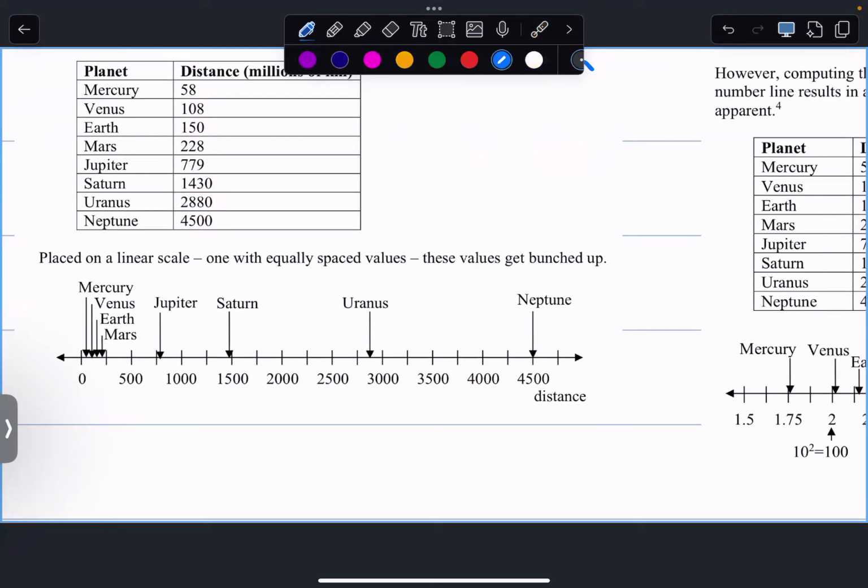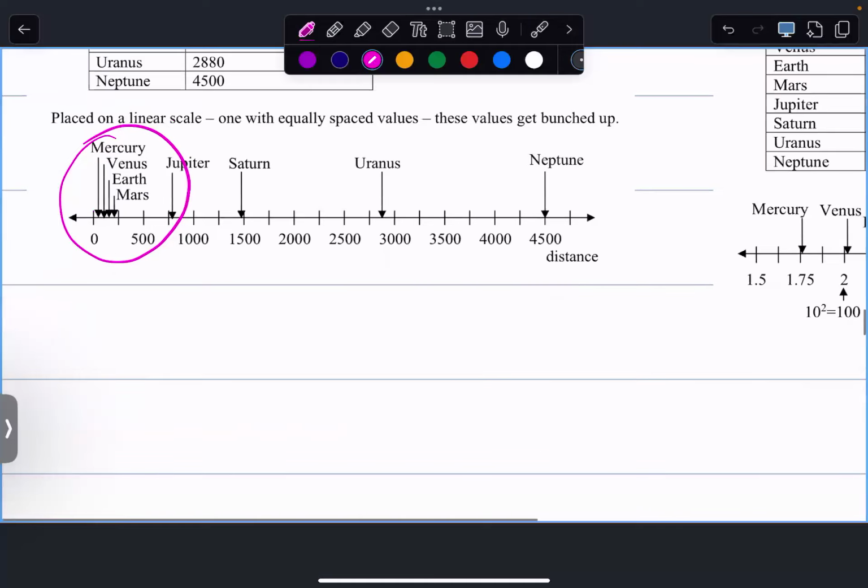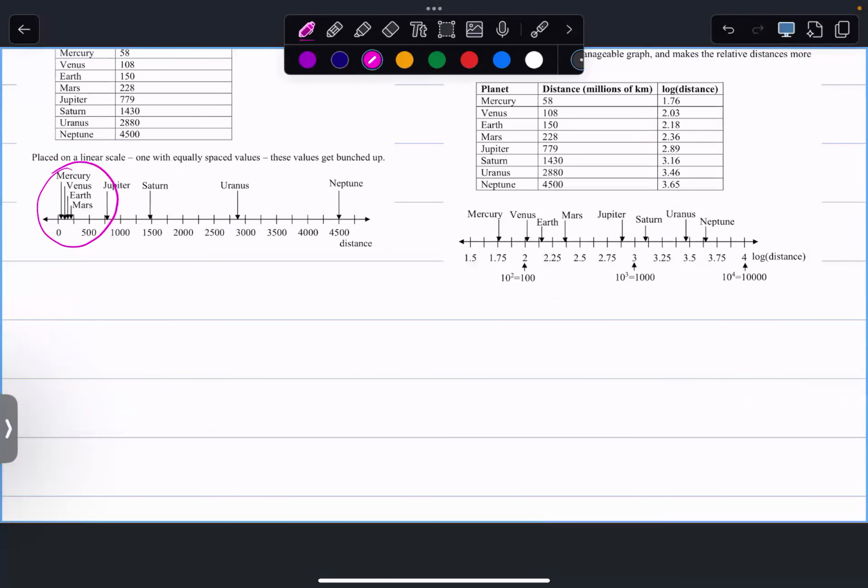And so the problem is that we get these scrunched values. So here the problem is the cluster of smaller values, which are there because we have to accommodate these huge values. All right, so here it's hard to tell what's going on.